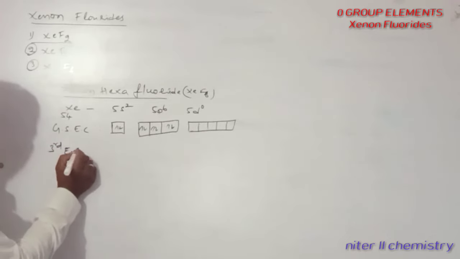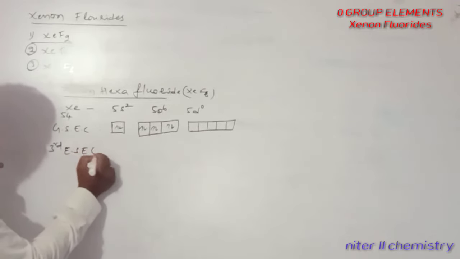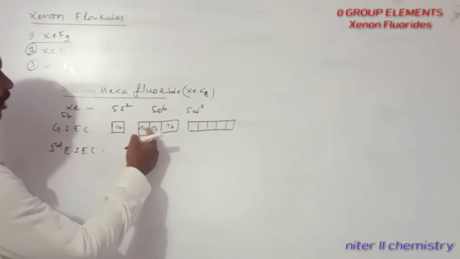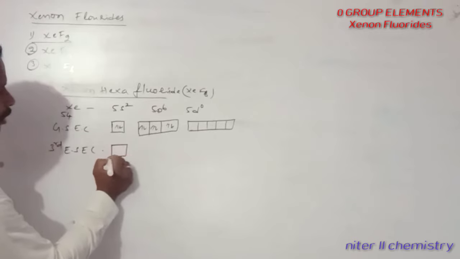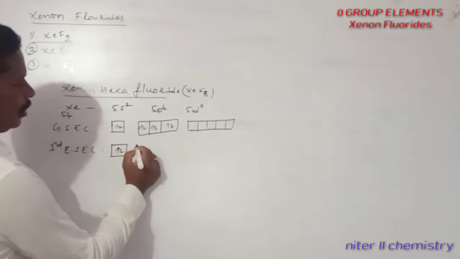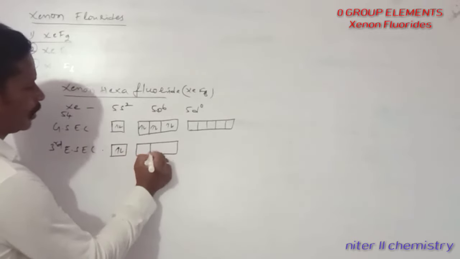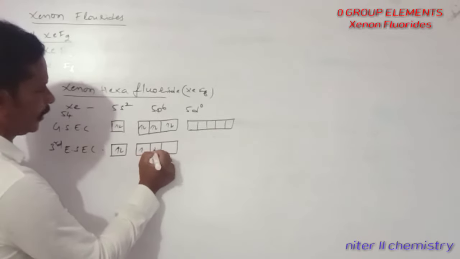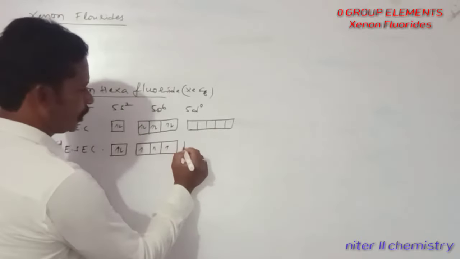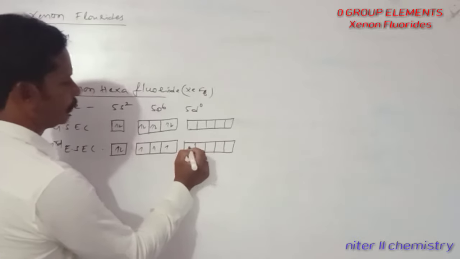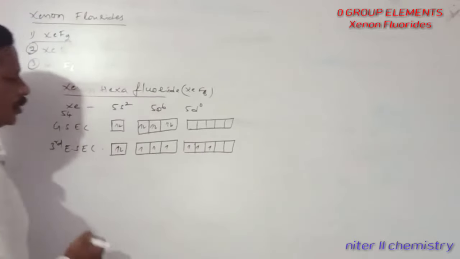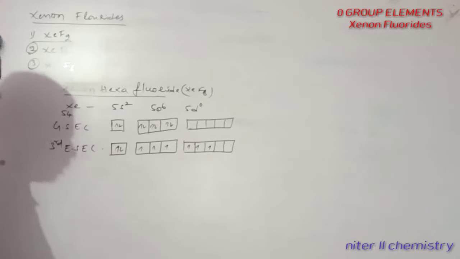Third excited state electron configuration: here 3 p electrons are excited to the d orbital. Totally 3 p electrons are excited to the d orbital. Then we get totally how many? 6 unpaired electrons.